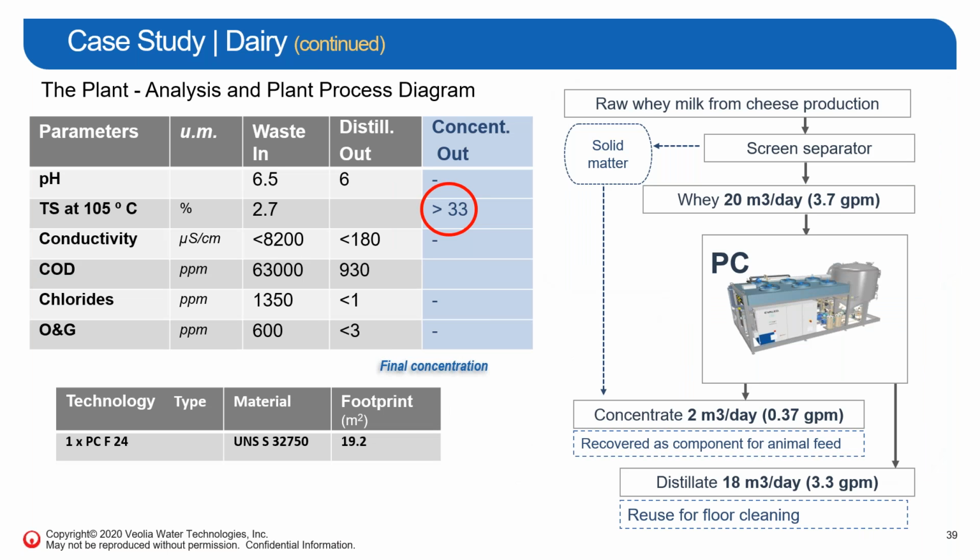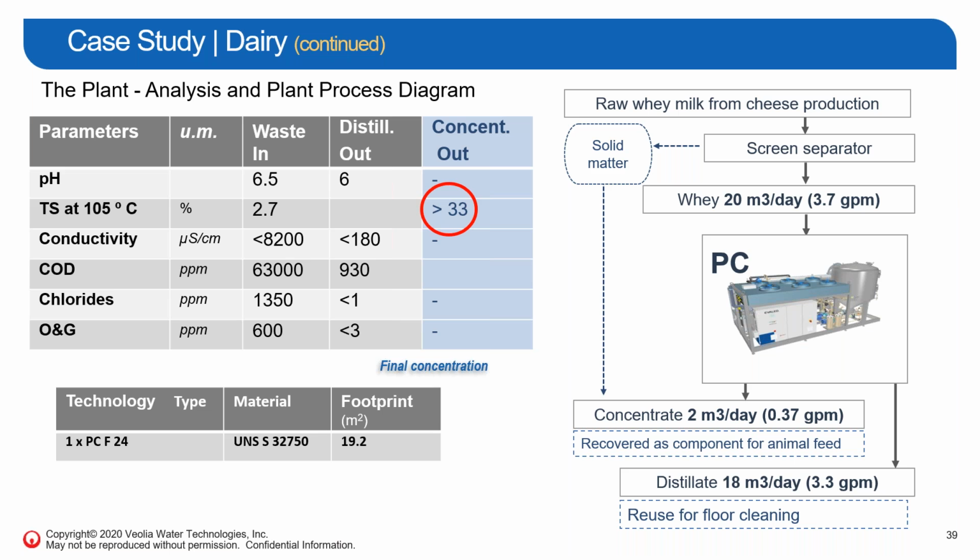As you can see, at the beginning, the dry matter, the total solids, was very high, and a very high conductivity, very high COD, a lot of chlorides because of the salts that they use for making the cheese. So they treat around 20 cubic meter per day of water.